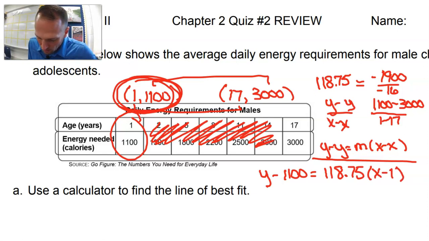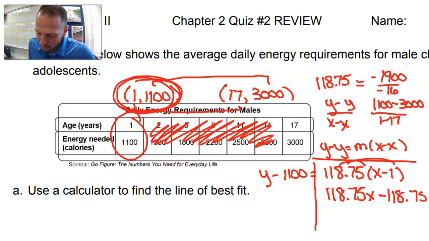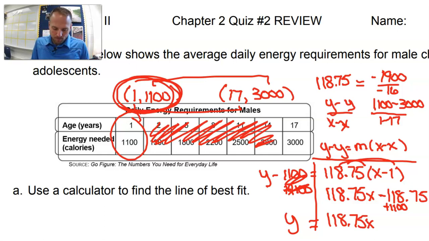Distribute the right side, so this is just the distributive property. 118.75x, 118.75 times negative 1 is going to be negative 118.75. And then add the 1,100 over, plus 1,100, and I'm going to have y equals 118.75x plus 981.25.